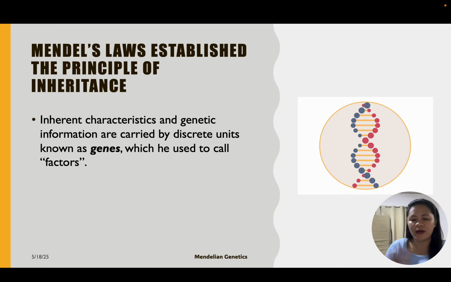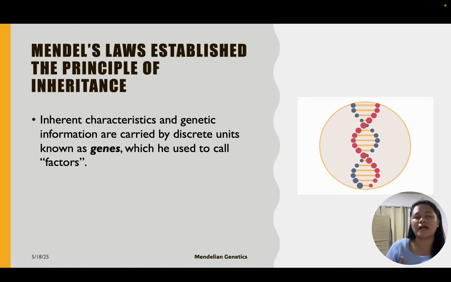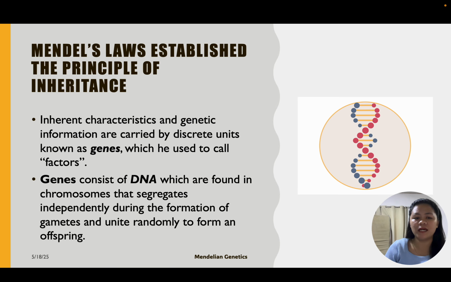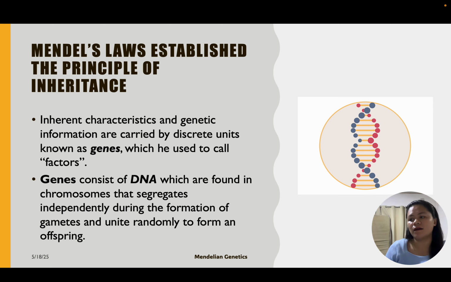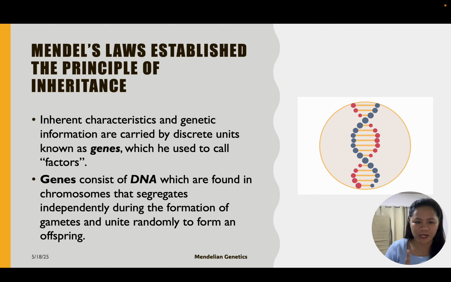That's the reason why we have different features compared with our siblings, though not 100%. Genes consist of DNA, which are found in chromosomes that segregate independently during the formation of gametes and unite randomly to form an offspring. DNA and chromosomes have already been discussed in our cell cycle lesson during your General Biology 1.